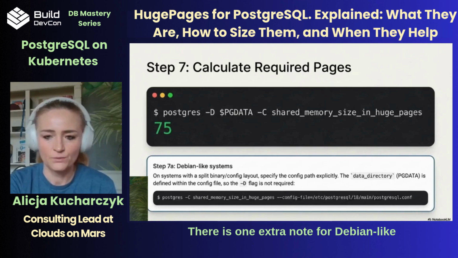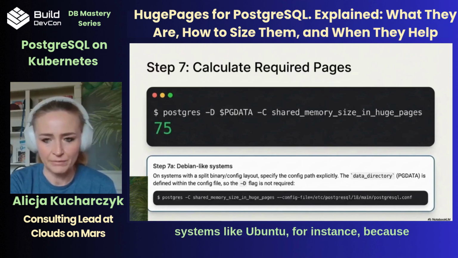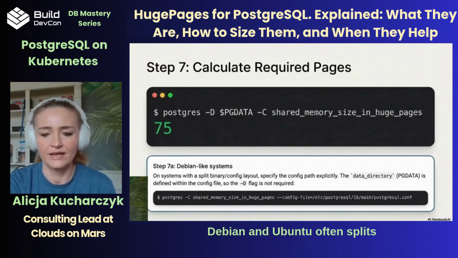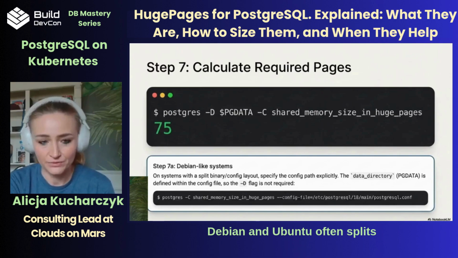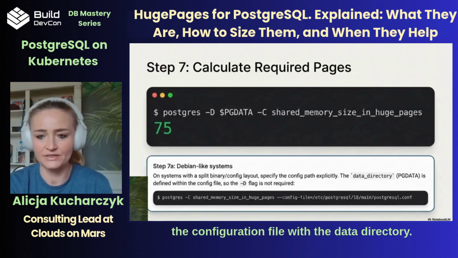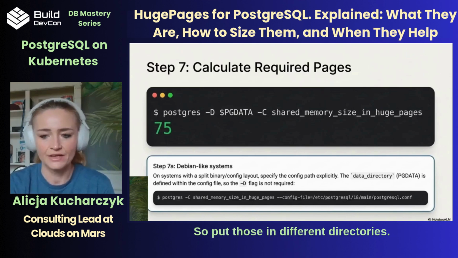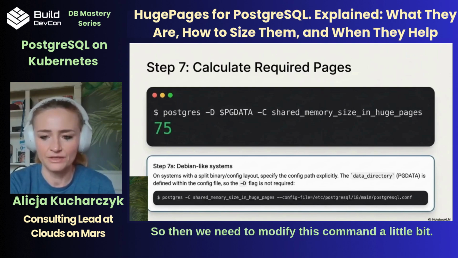There is one extra note for Debian-like systems like Ubuntu, for instance, because Debian and Ubuntu often split the configuration file from the data directory. So they put those in different directories. So then we need to modify this command a little bit.